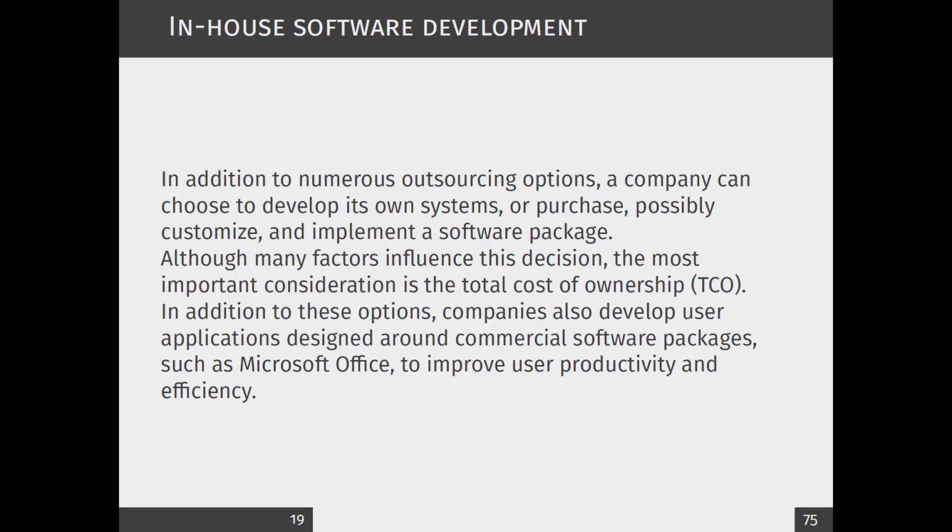When I use the term total cost of ownership, it's not only the money that you spend on developing or purchasing, but throughout the use of the software. Remember, although you spend some money in the beginning, later on you need more money to maintain as well. So everything together we normally call total cost of ownership.